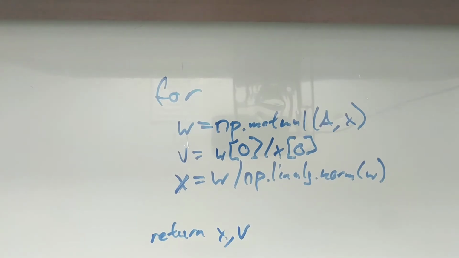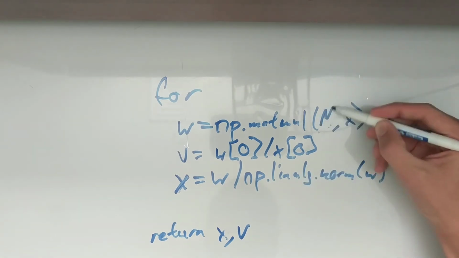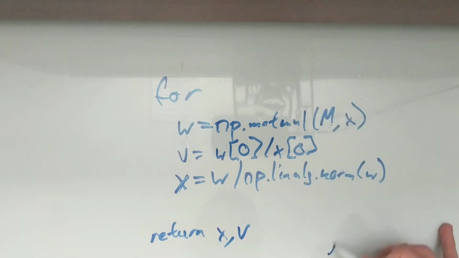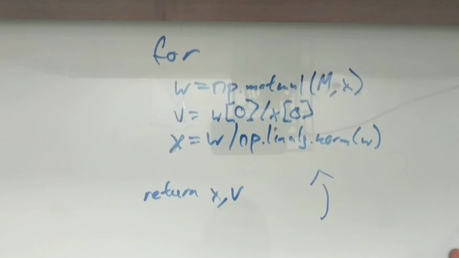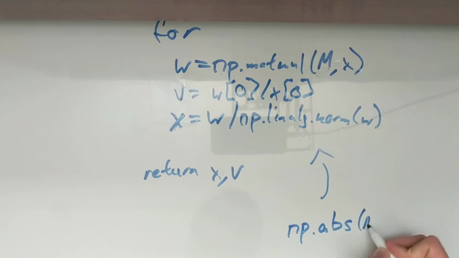Problem 4 is very, very similar, but we're not using A anymore. We're going to use M. And rather than using this np.linalg.norm, they want us to find the largest absolute value in our matrix. And so the way that I would write that out personally is I would first take the absolute value of our matrix, which you can do with np.abs of M. So that will return the same matrix except everything is positive.